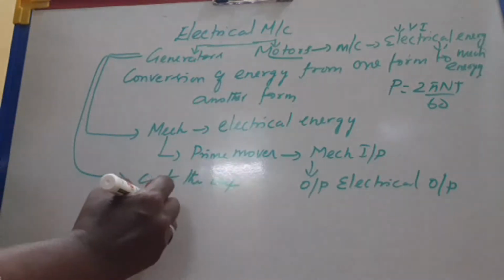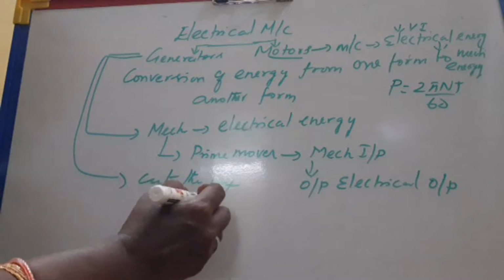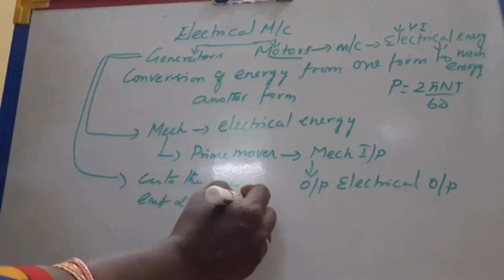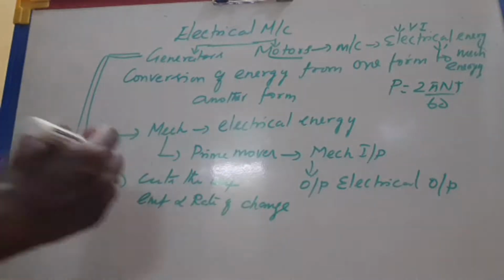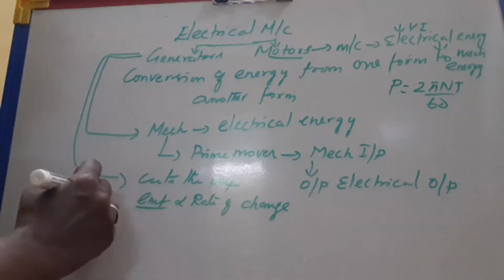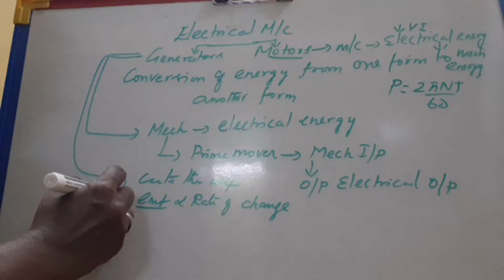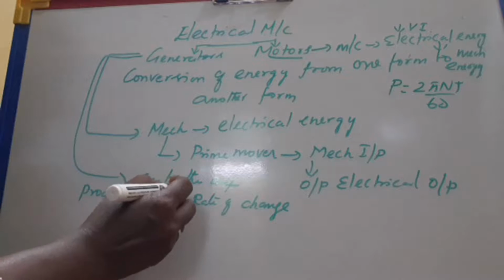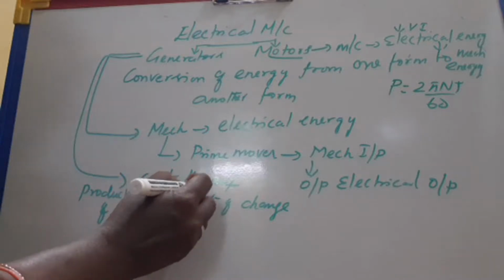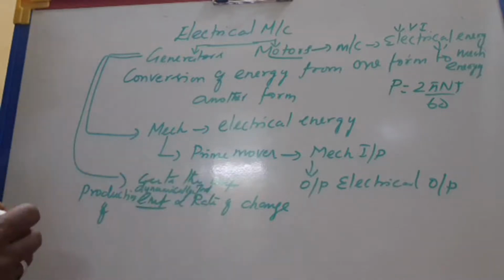The induced EMF is directly proportional to the rate of change of flux linkage. In the case of a generator, dynamically induced EMF is produced.